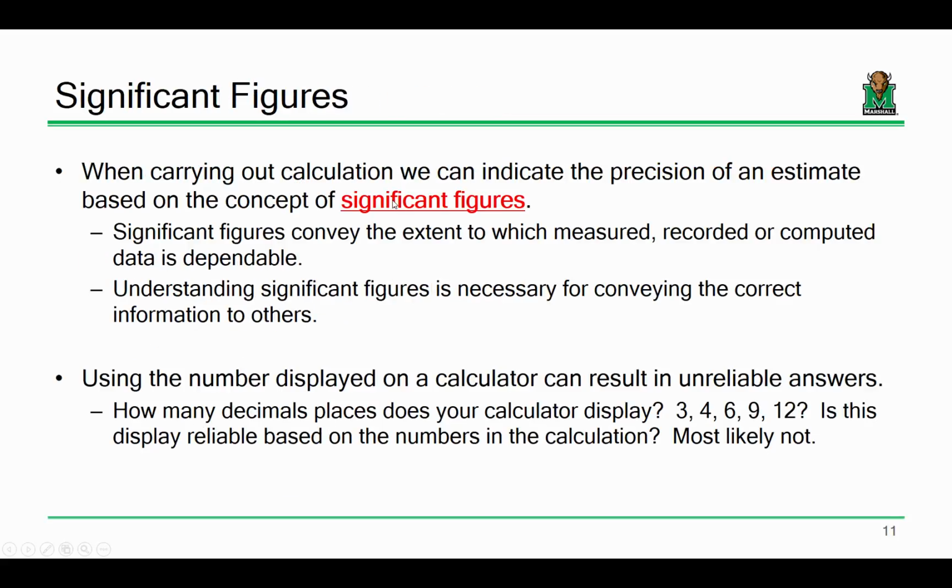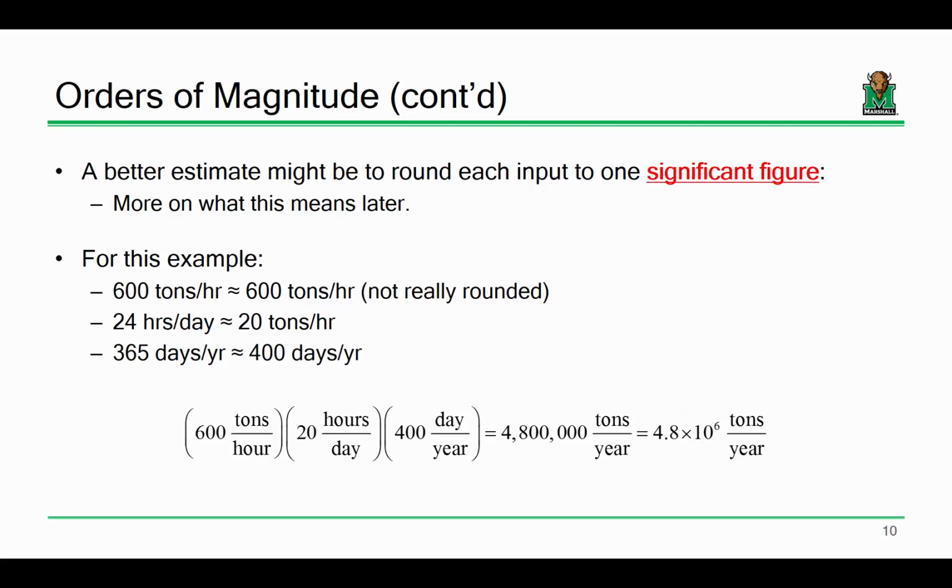Now, the concept of significant figures is really important, and we find that sometimes students either don't include enough significant figures or include too many significant figures as they do their calculation. What it is really meant to represent is the accuracy or the dependability of the data that's being used. So if we take this example as an illustration, how accurately are they measuring the mass of coal per hour?